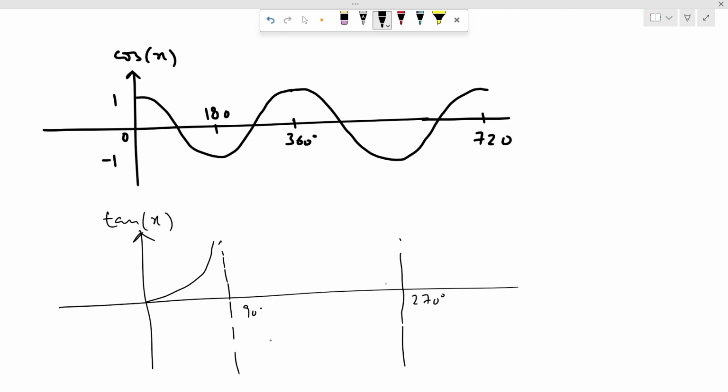At 90 degrees, there is an asymptote shown by a dotted line, and at 270 degrees, there is also an asymptote shown by the dotted line here. Well, asymptotes are basically lines that show that a function approaches them but never reaches them.